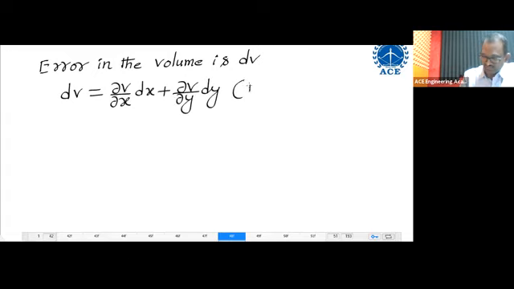This is the total derivative formula in calculus. So we have to find dV, using the formula ∂V/∂x dx plus ∂V/∂y dy.